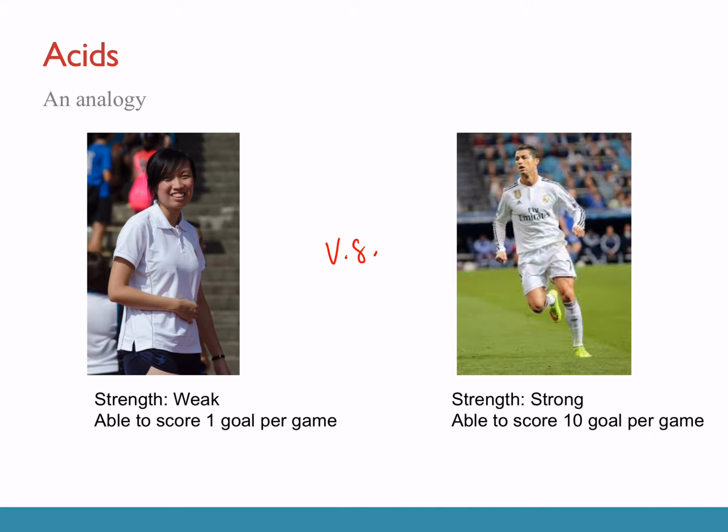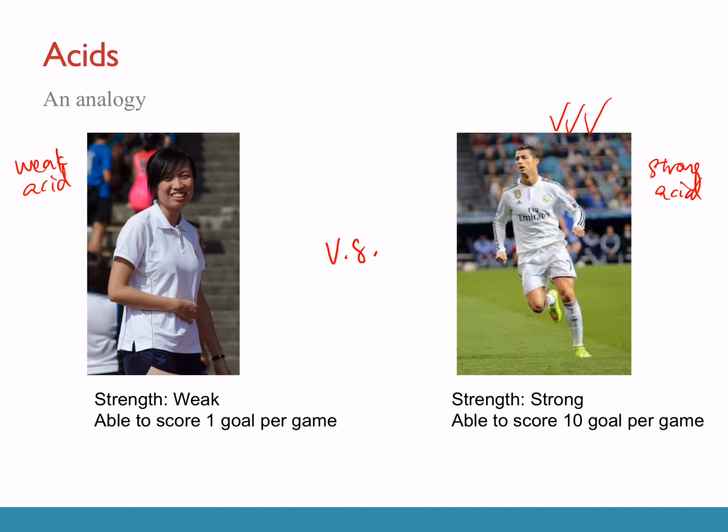Of course, Cristiano will win, right? Ding, ding, ding. Okay, and I will lose. Why is that so? Because he is something like a stronger acid. Okay, you can think of it as strong acid and a weak acid.